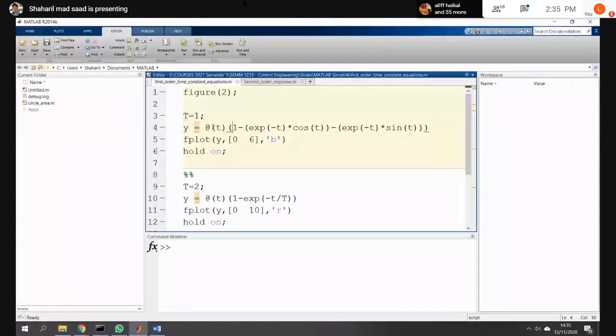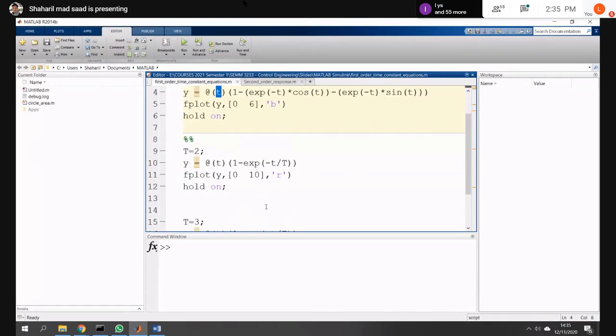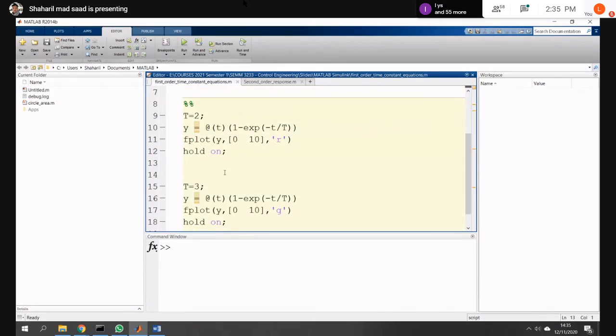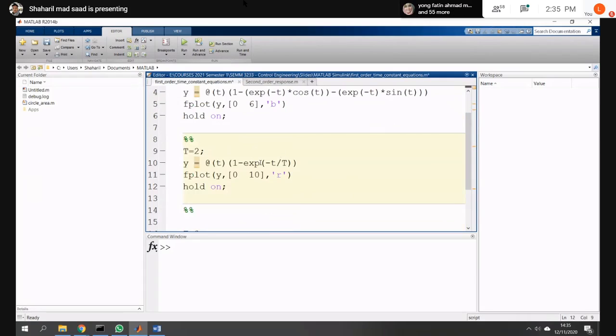So you can use this unknown, where t is the unknown. So 1 minus exponent of minus t over T.